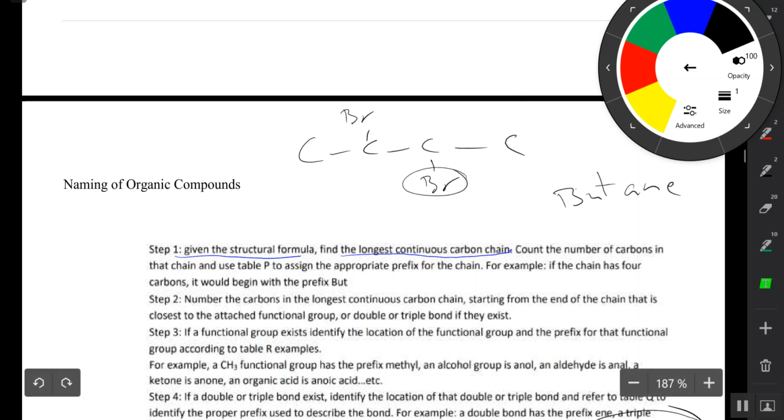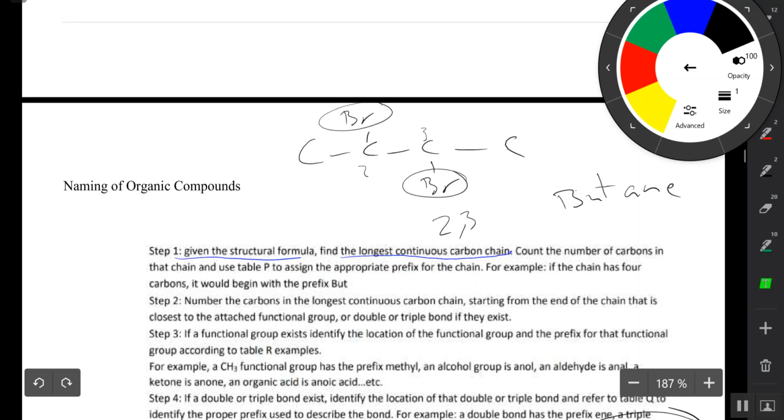And then you have a bromine and another bromine attached here. A bromine on the second carbon and a bromine on the third carbon. So this would be 2, 3. On the second carbon I have a bromine. On the third carbon I have a bromine. Di, because I have 2 of them, bromo. 2,3-dibromobutane.